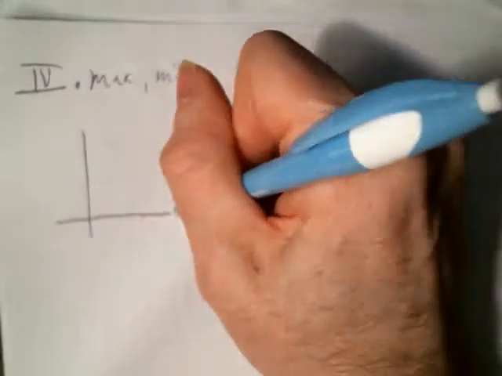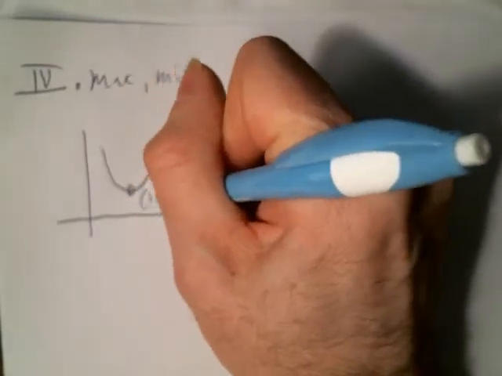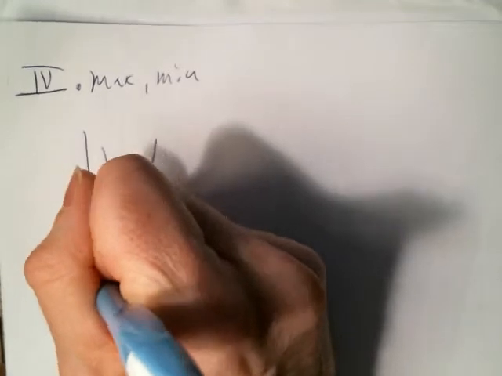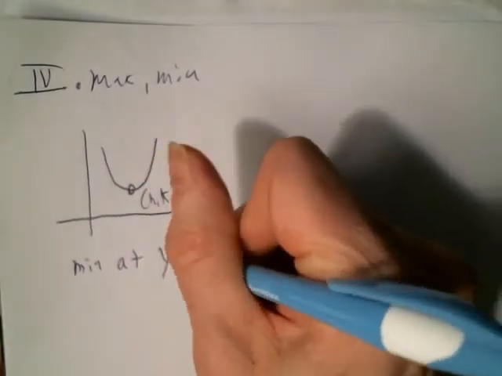One neat thing about parabolas is you can kind of see the top and the bottoms, the max and the min on these things. Okay, so if you have the happy face, it's going to have a minimum value. So it'll have a min at the x value.